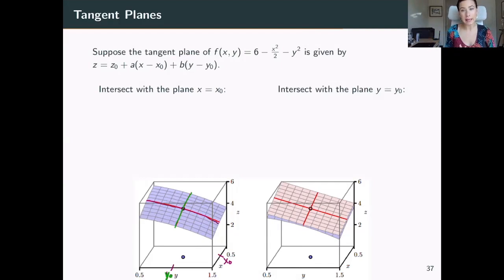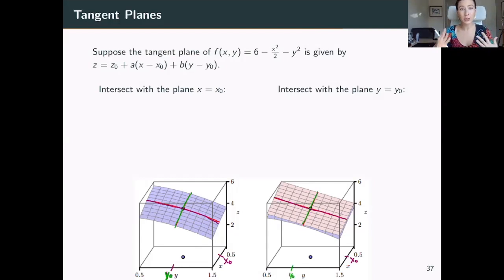Whereas in the second image, I'm doing the same thing, but supposing that I have this tangent plane. And I can again look at x naught, which is going to give me that line. And similarly, I've got this y naught, which is going to give me this line.